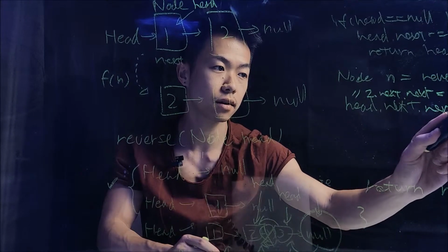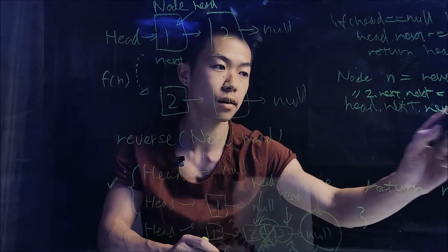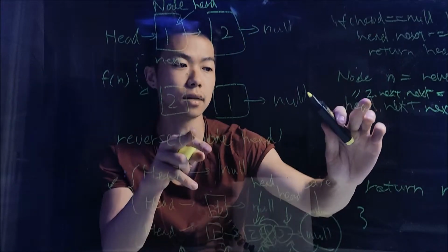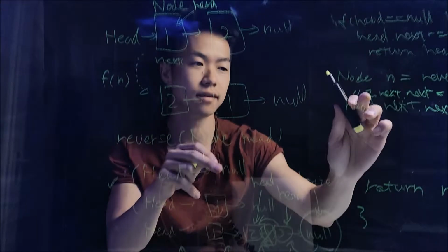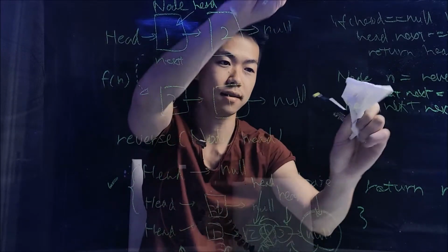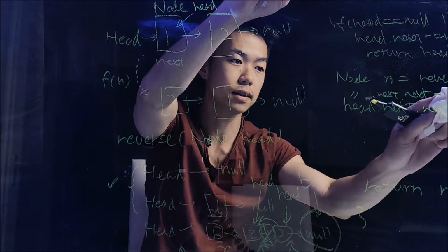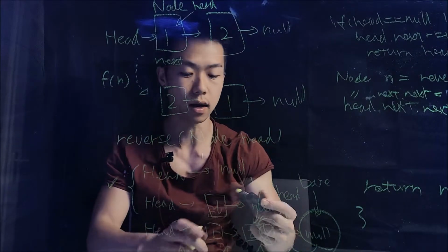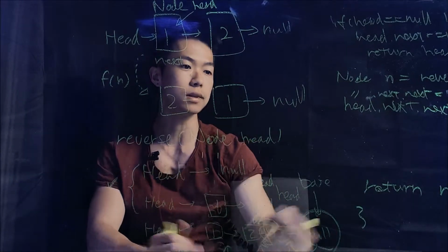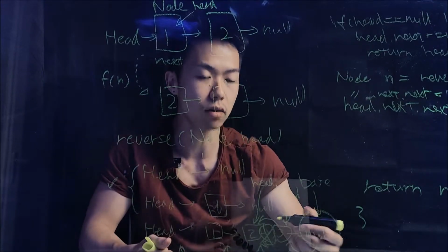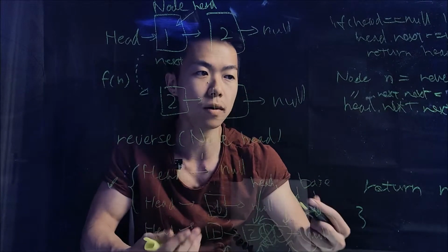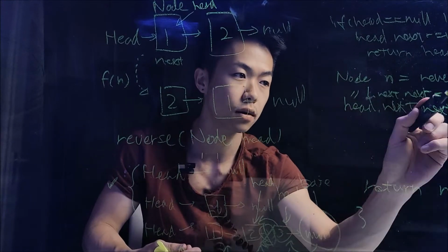Head.next is head. All right. So head.2.next is 1. It's actually 1. It is okay to make mistakes like this when you are doing a whiteboard coding interview, because you are just talking out loud, thinking out loud. You're in a process, and it is natural, right?